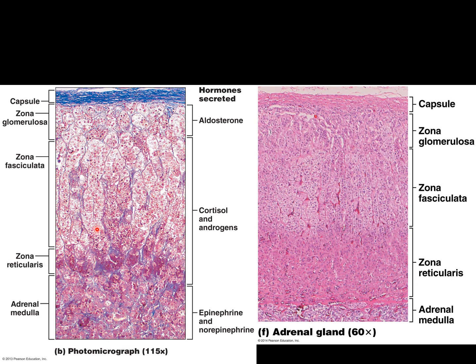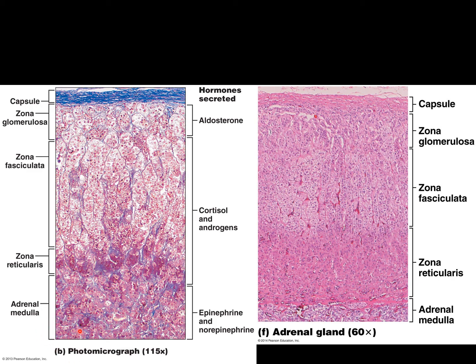And then we need to remember the mnemonic that tells us salt, stress, and sex. And that reminds us that zona glomerulosa makes aldosterone, which regulates salt. Fasciculata produces cortisol, which helps to regulate stress. And reticularis produces our sex hormone, testosterone.